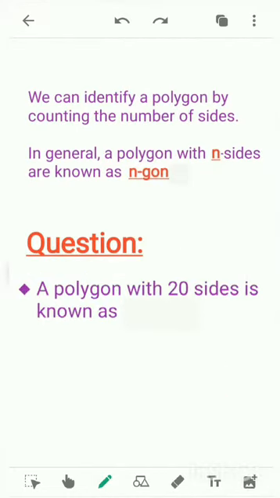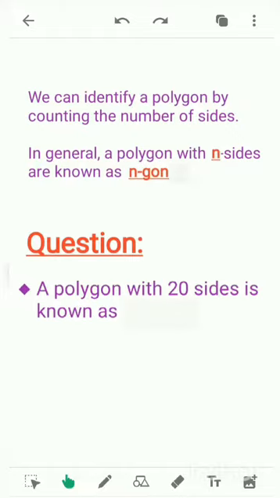We can conclude that a polygon can be identified by counting the number of sides. In general, a polygon with n sides is known as an n-gon, where n is the number of sides. It is usually used when the polygon has more than 10 sides.